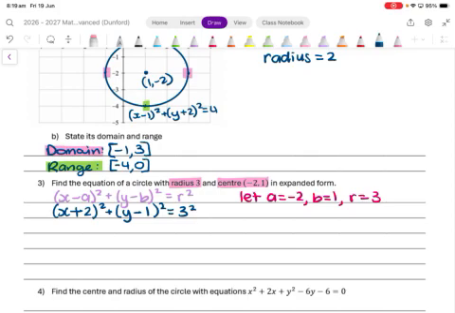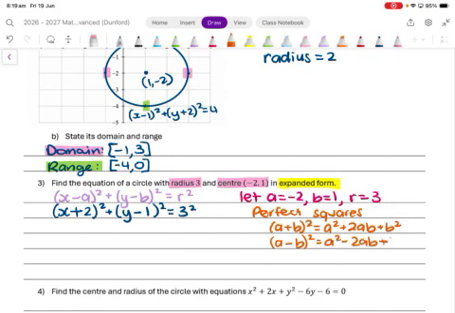What we need to do from here is, the question is asking for an expanded form. So if you know your perfect squares expansion, you have (a plus b) all squared is equal to a squared plus 2ab plus b squared, or you have (a minus b) all squared is a squared minus 2ab plus b squared.